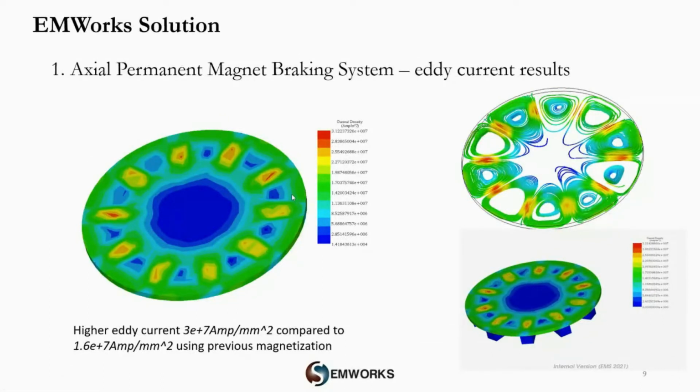Higher current density means larger torque, but again means more temperature, more heat. So this is the streamline, and this is just an animation of the eddy current in the disk.